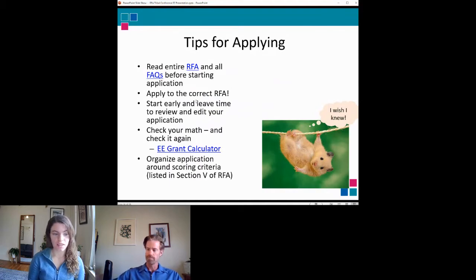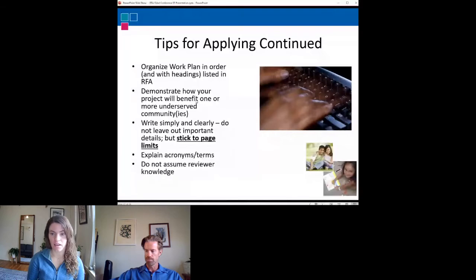Write simply and clearly, and make sure it's very understandable, but also include those important details. Explain acronyms and terms that folks might not be familiar with if they're outside your organization. Also don't assume that the reviewers of the grants are very knowledgeable about the subject that the grant covers.